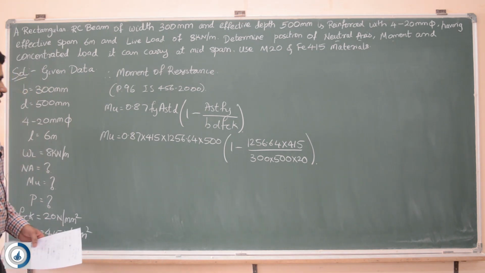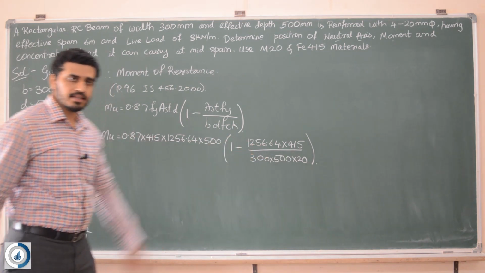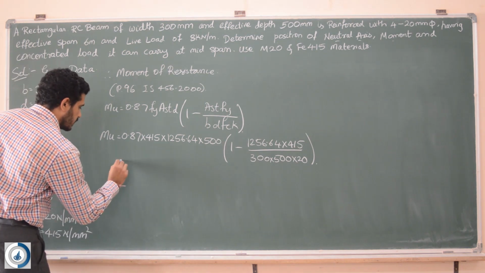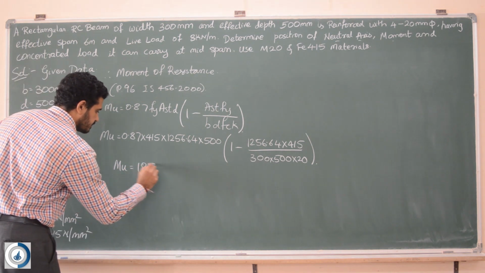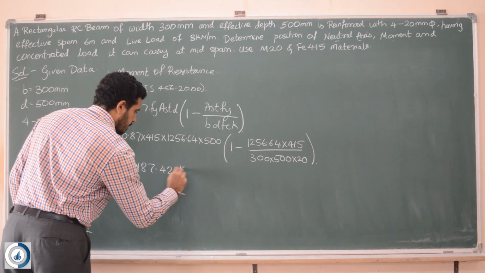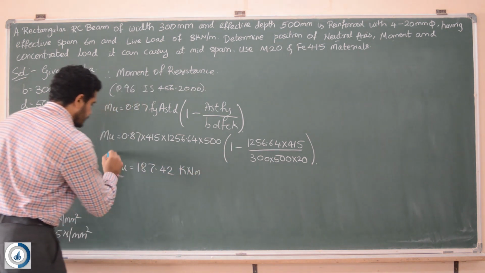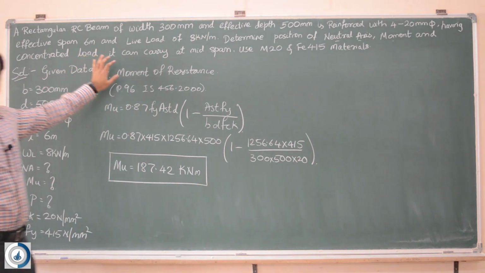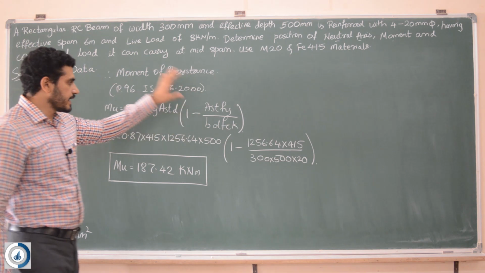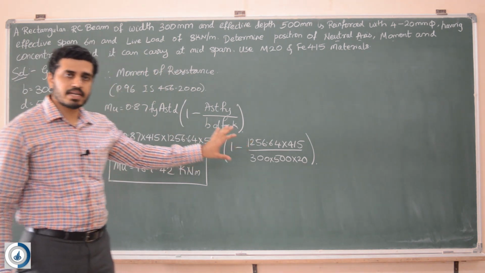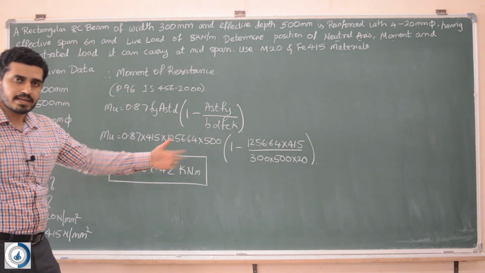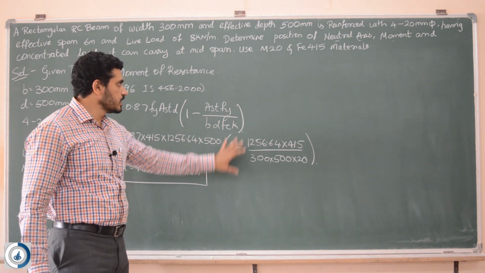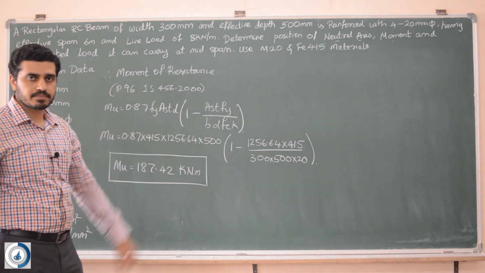Once you simplify this, you will get the moment value as 187.42 kilonewton meter. So this is the moment of resistance for this particular beam section. This is how you calculate your moment of resistance using this formula. Why have we taken this formula? Because it was an under reinforced section. I hope this moment calculation is clear.